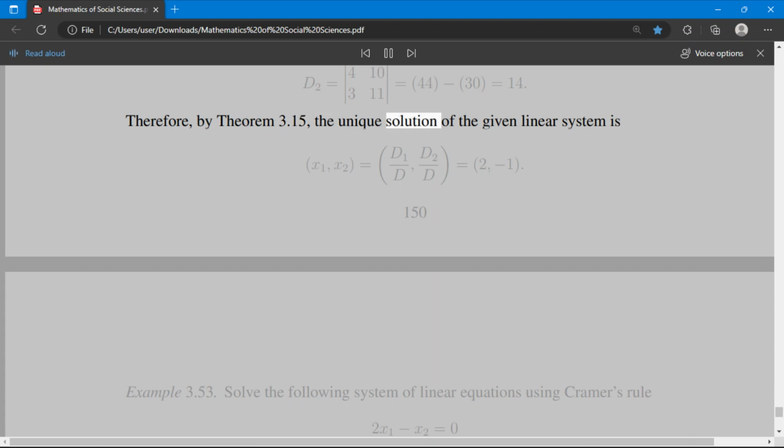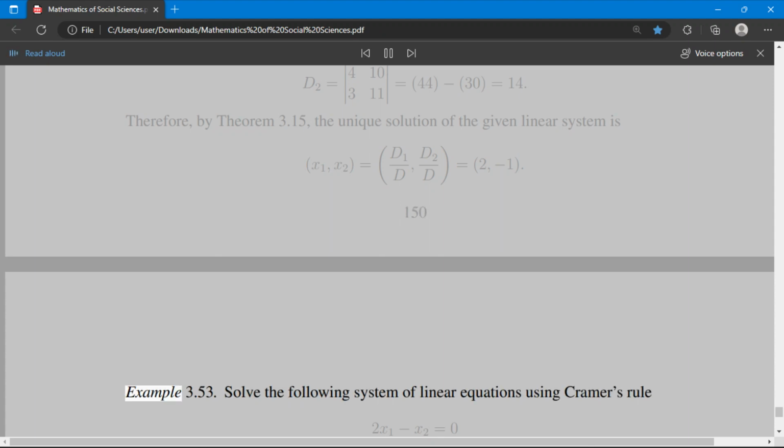Therefore, by Theorem 3.15, the unique solution of the given linear system is (x1, x2) = (D1/D, D2/D) = (2, 1).